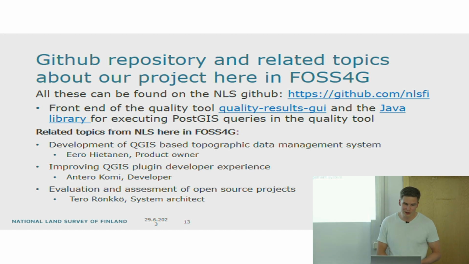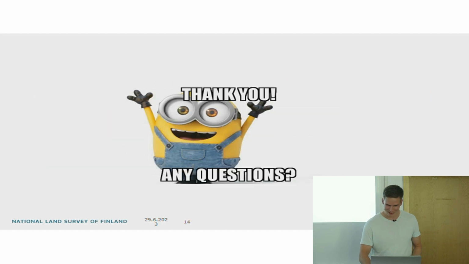And so for the related topics, Andrew just gave his great presentation about improving the QGIS plugin developer experience. And Eero is having his presentation tomorrow about the development of a QGIS-based topographic data management system. And then Tero had his already yesterday about the evaluation and assessment of open source projects. So please check them out as well.